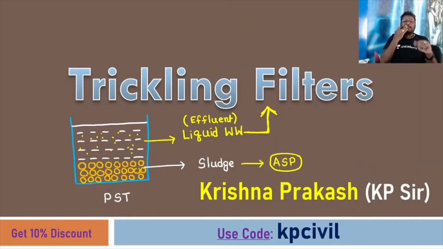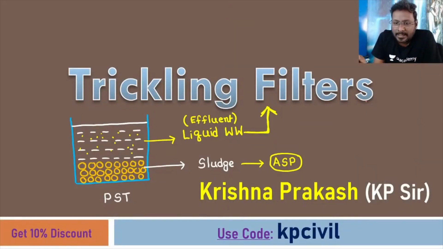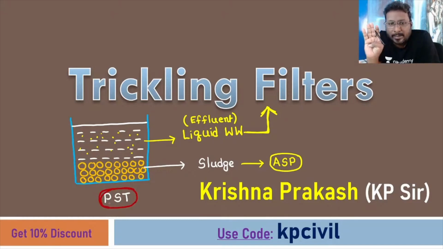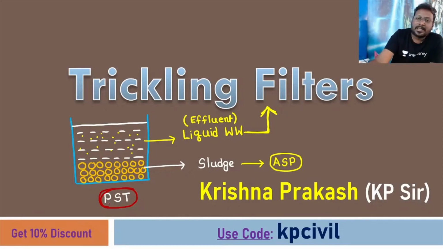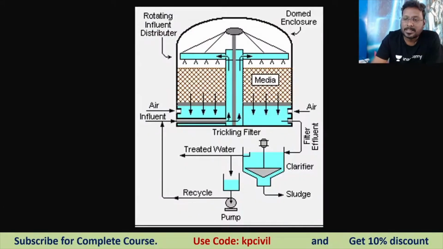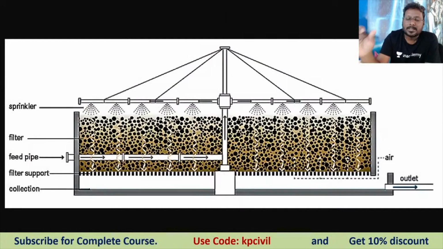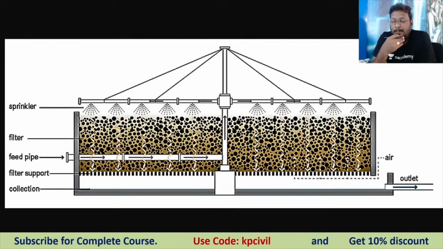Now, these are the trickling filters. Understand now. The trickling filter will receive effluent from the primary sedimentation tank and also effluent from the secondary sedimentation tank of the activated sludge process. It is simply like a filtration operation.